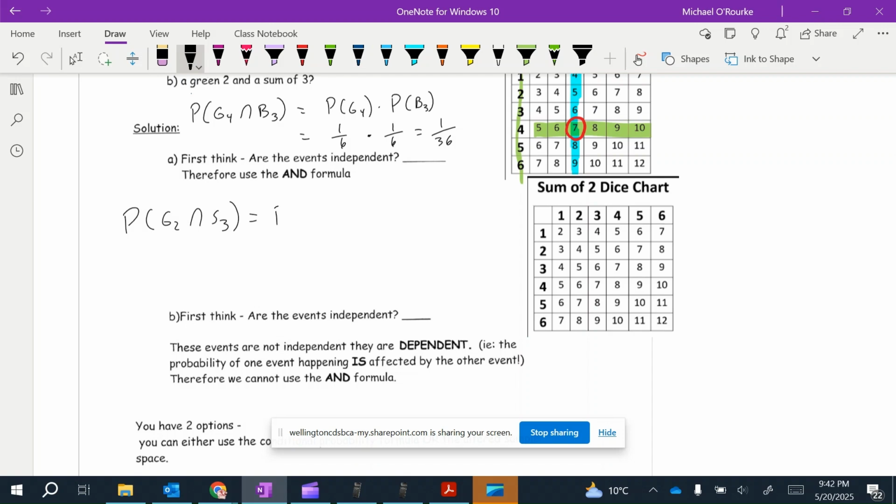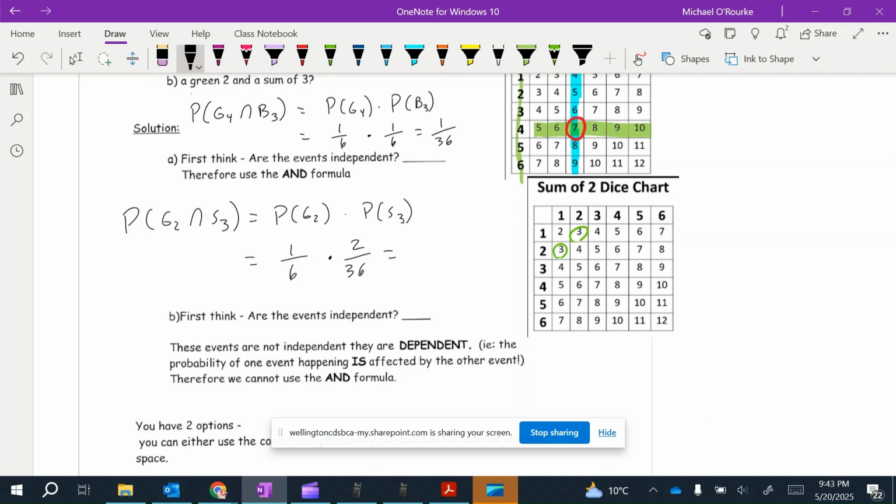That's going to be the probability of a green 2 times the probability of a sum of 3. Getting a 2 on a dice is 1 out of 6. If we're looking for a sum of 3, there are 2 sums of 3, so it's going to be 2 over 36 possible outcomes, which also equals 1 over 18. So we multiply those together.